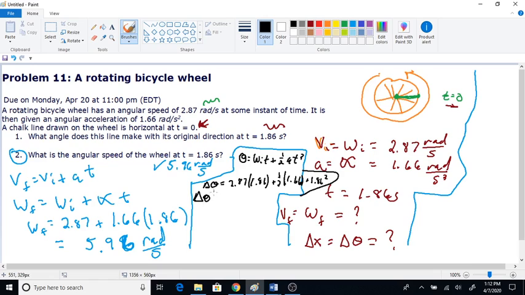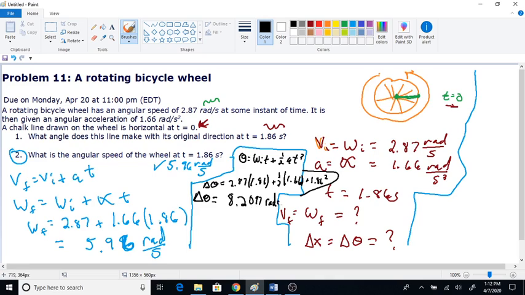If you can't follow it anymore and you want me to redo it, you can send me an email or send me a post on the message board. But anyways, when you get this, I got 8.2097, and it's radians.